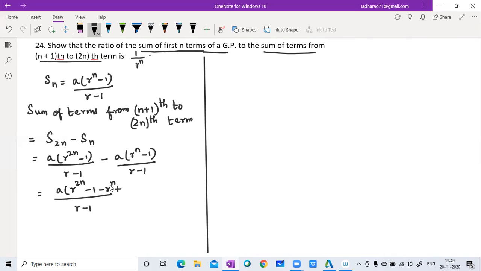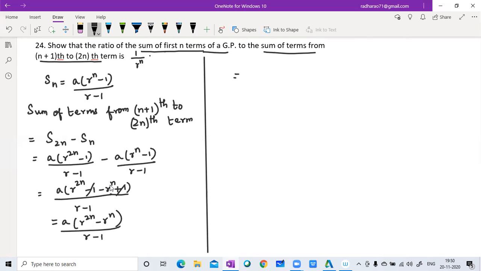Minus into minus 1 is plus 1, and minus 1 plus 1 gets cancelled. So it is a into r power 2n minus r power n by r minus 1.